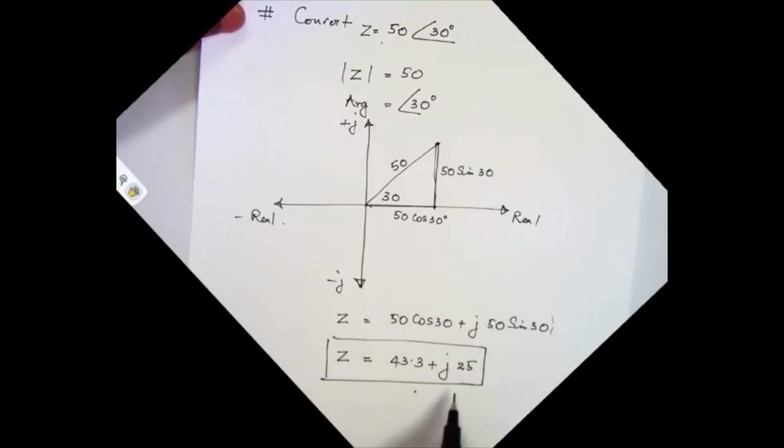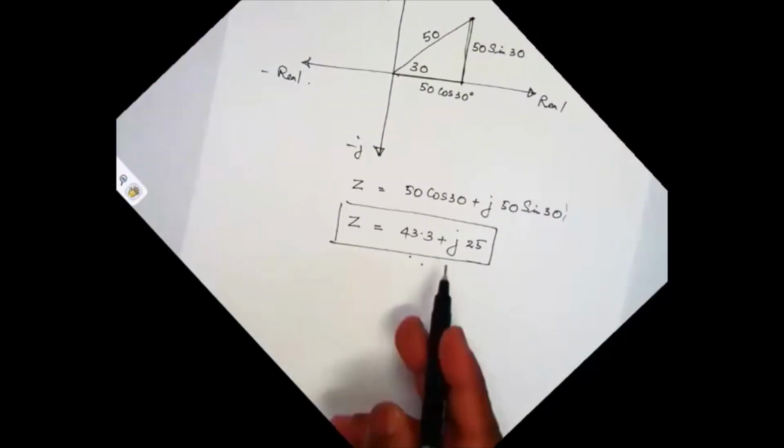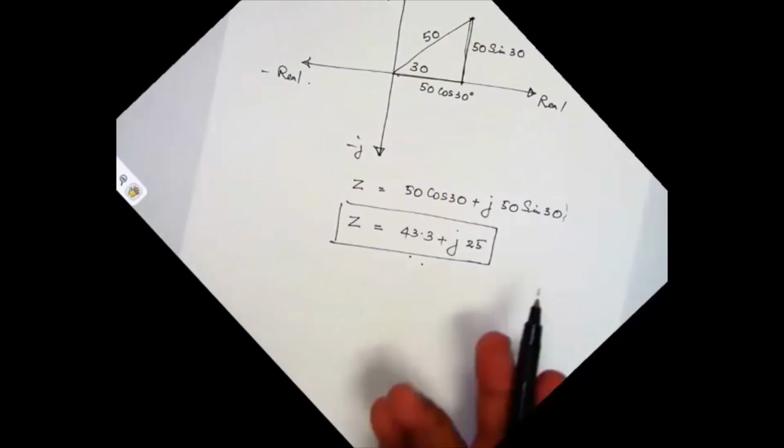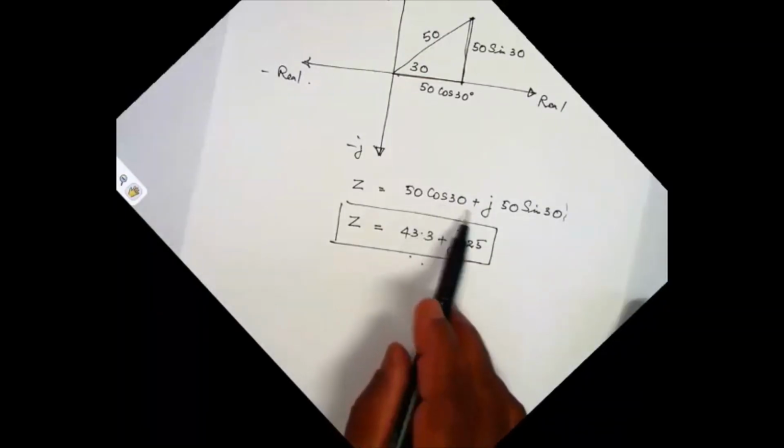So this is quite easy compared to the other conversion, that is converting from rectangular form back to polar form. If you need, we can do another example. Or I think since you can find angles, cos and sine using your calculator very easily, this will be sufficient.